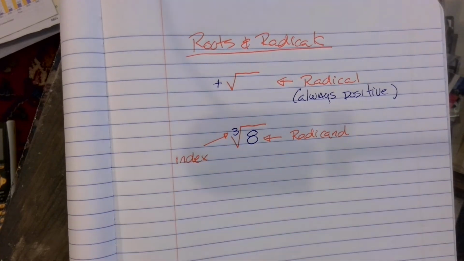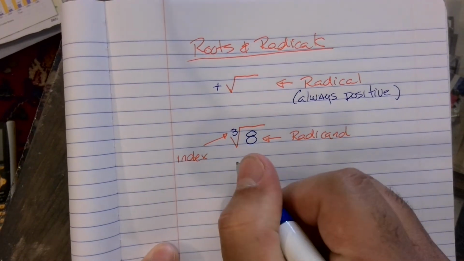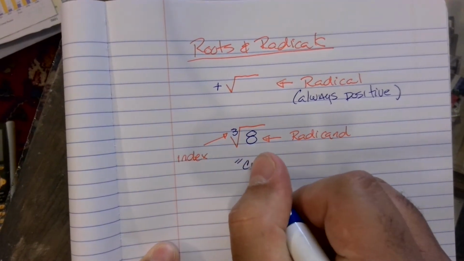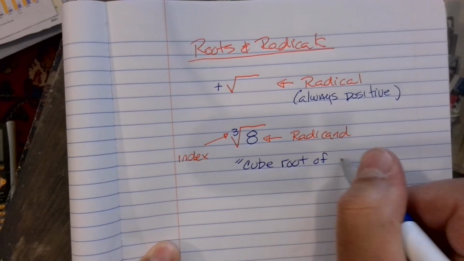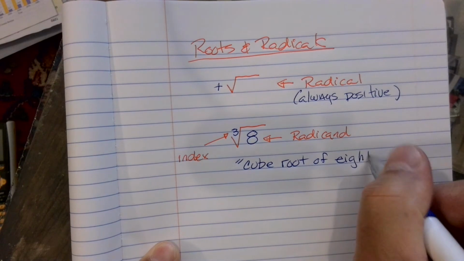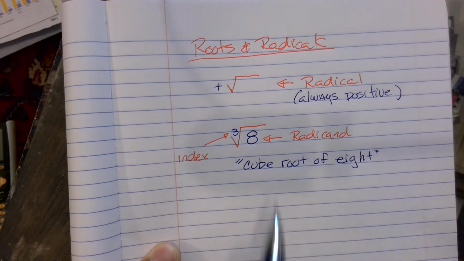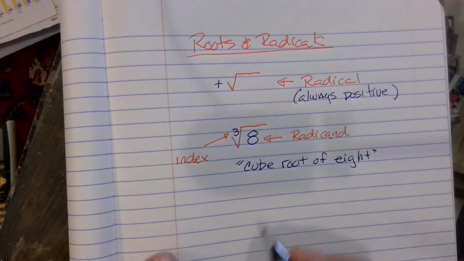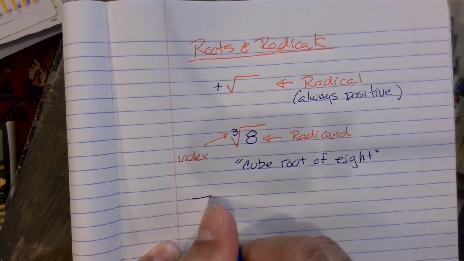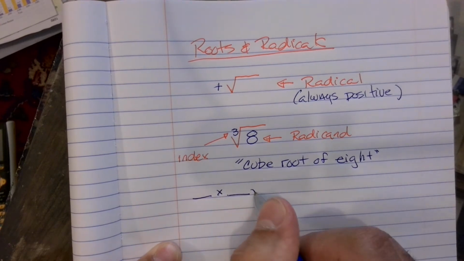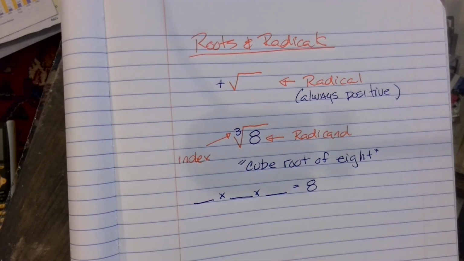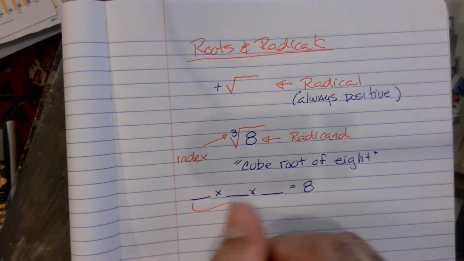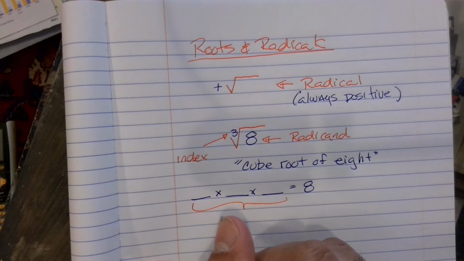In this case, if we were to read this, this would be the cube root of 8. Right? It would be the third root of 8. And what that does, it asks a question. It says, what times what times what will equal 8, where these 3 factors are the same?